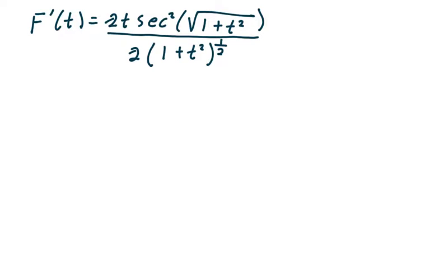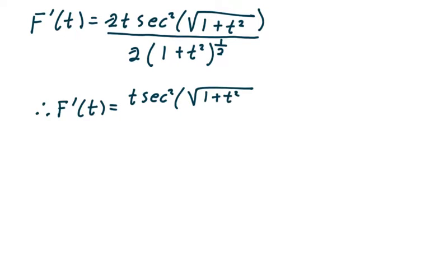But the 2's cancel. And so therefore f prime of t is t secant squared of the square root of 1 plus t squared divided by the square root of 1 plus t squared. And be careful, because the square root of 1 plus t squared in the denominator will not cancel the argument of the secant squared. You cannot cancel those. So be very careful about that.